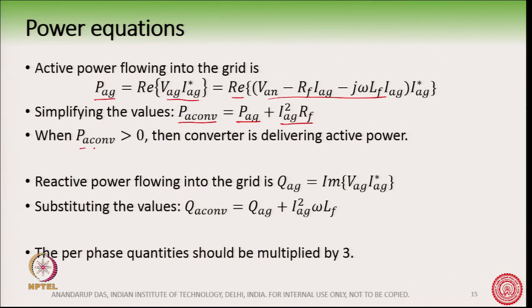Okay. So, we have assumed this convention that if PA converter is greater than 0, then the converter is delivering the active power. This is our convention which we will follow.